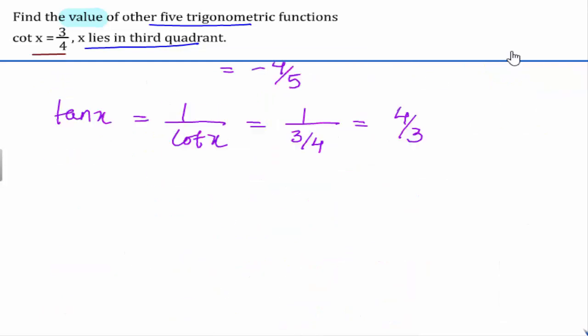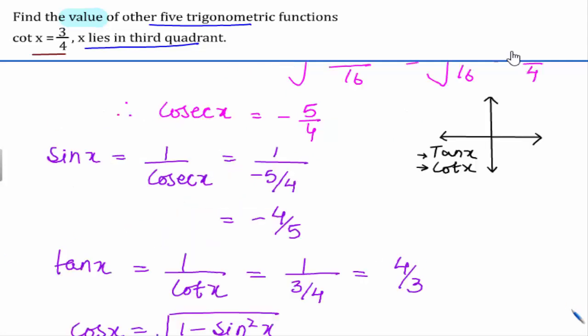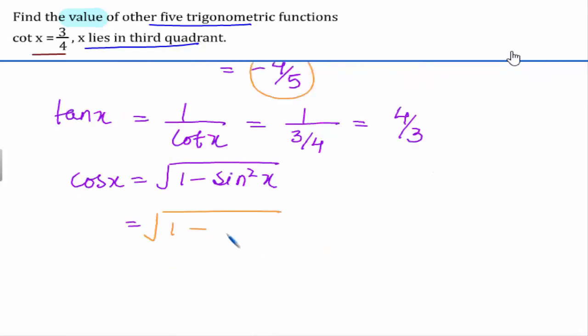Now, let us find the value of cos x. Now, cos x we know that is equal to square root of 1 minus sin square x. So, this is equal to square root of 1 minus the value of sin x is minus 4 upon 5. So, we have minus 4 upon 5 whole square, since sin square x is sin x whole square.